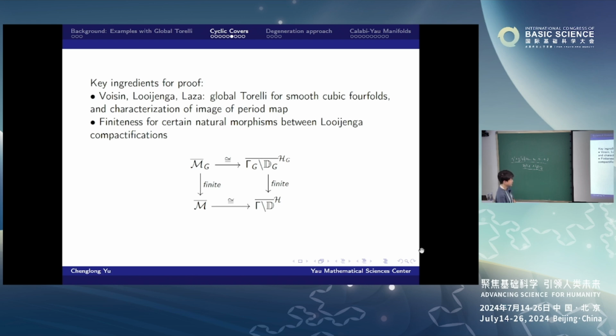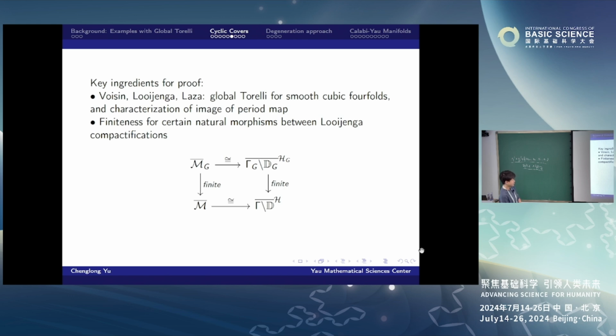So on the right-hand side, for the usual Baily-Borel compactification, we have this functorial property, essentially going back to Baily and Borel, and later Harris proved the functoriality of toroidal compactifications. And in this case, for the semi-toroidal case, we also prove the functoriality on the right-hand side.